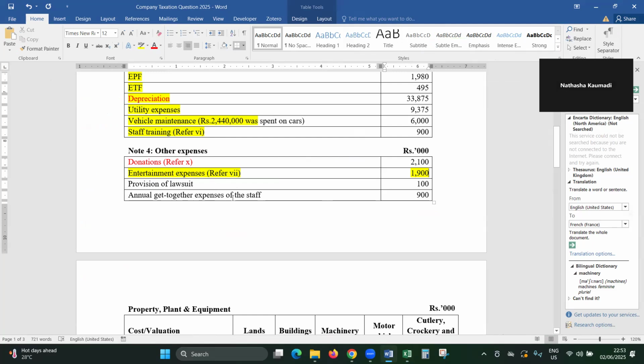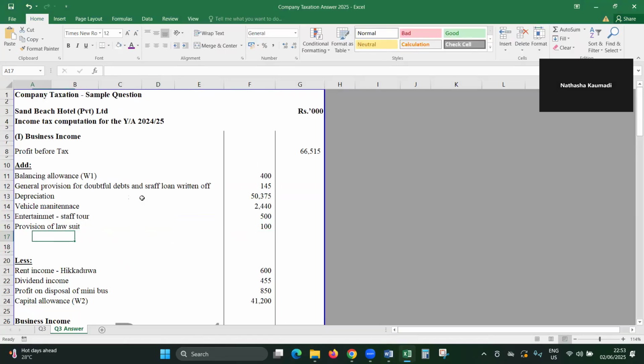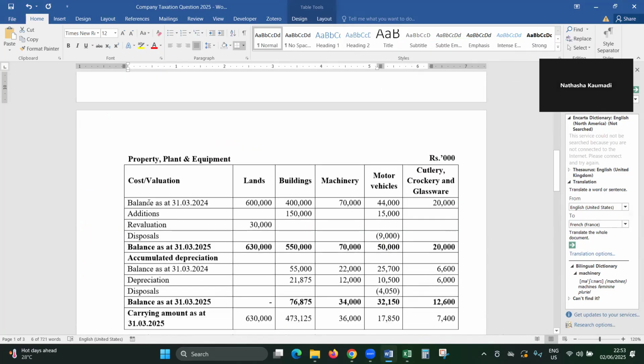Those kinds of expenses are not allowed. Again, it's like entertainment, not allowed. So I'm adding it back. Annual get-together expenses, 900,000. I added it back. So that is also done.